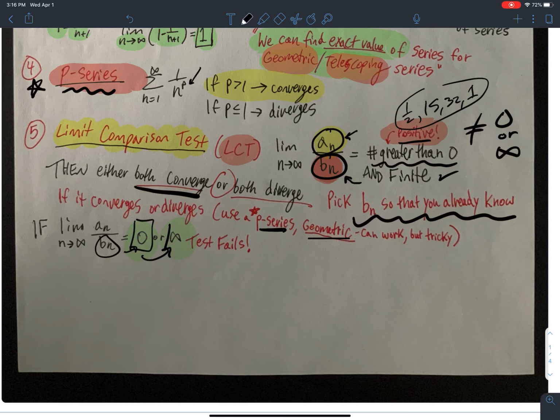If every time you take this limit you get 0 or infinity, there is a way around this, and I suggest you go watch that video on the limit comparison test. It will show you what to do in these scenarios. All right, guys.